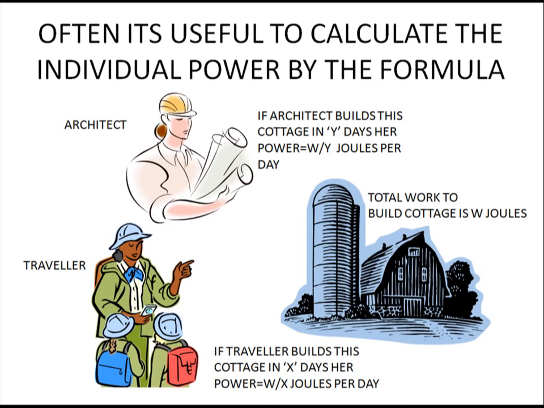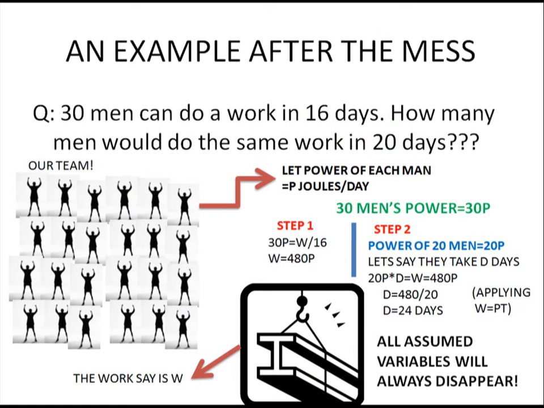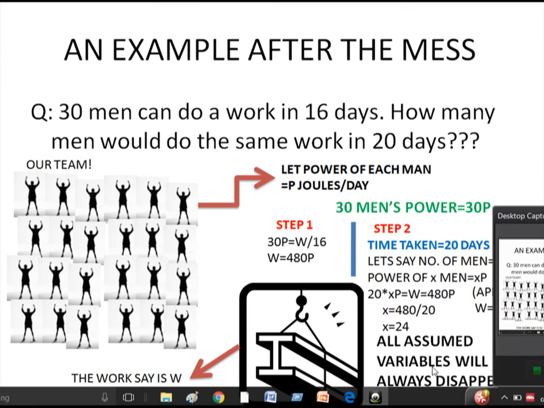And often this variable will get cancelled. So similarly the case of the traveler who does this work in X days, and his power would be W by X joules per day. So after so much discussion of the theory, let's solve a question.